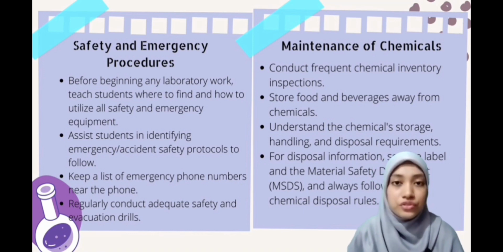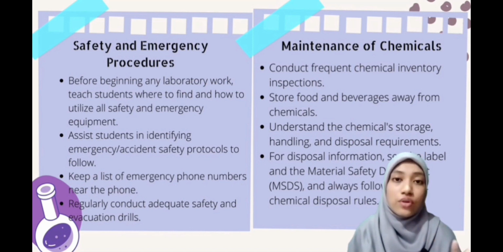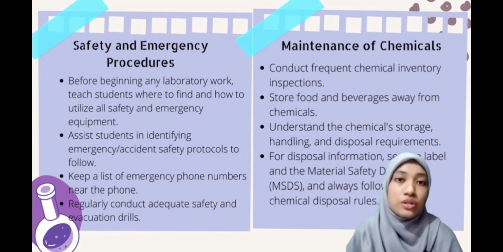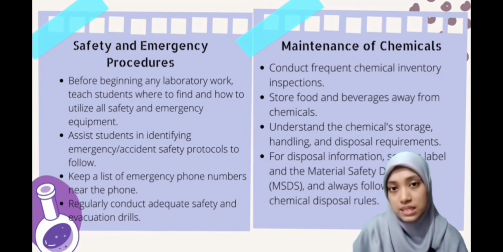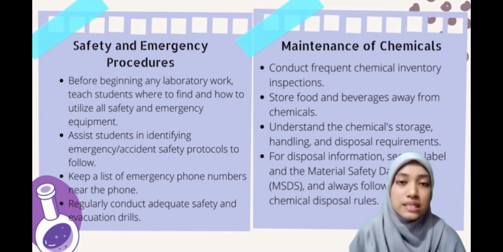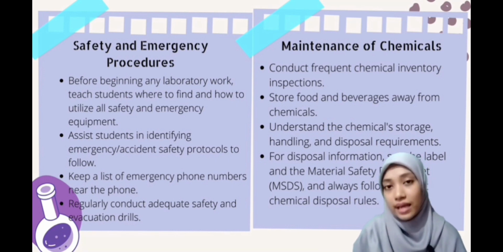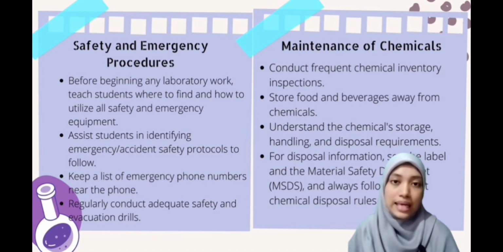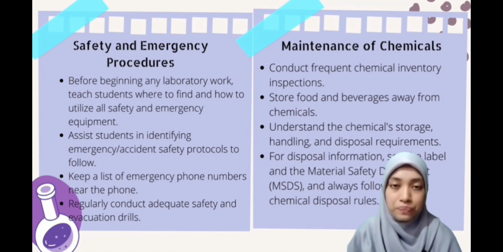Next, store food and beverages away from chemicals, as food can become contaminated by chemical gas particles in the air, compromising food safety. And after that, understand the chemicals storage, handling, and disposal requirements.